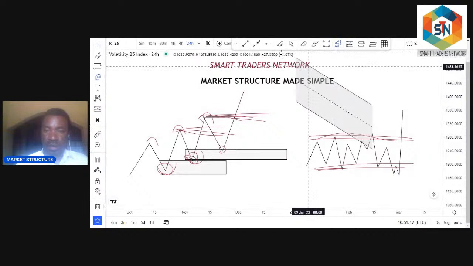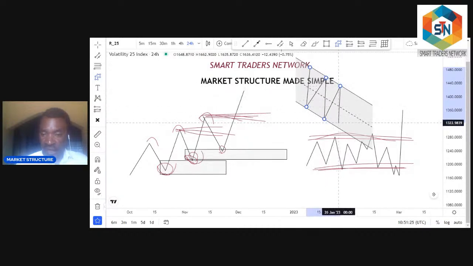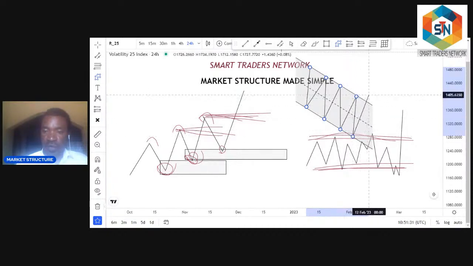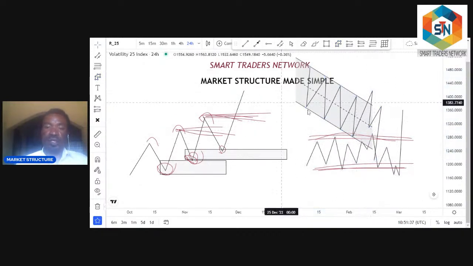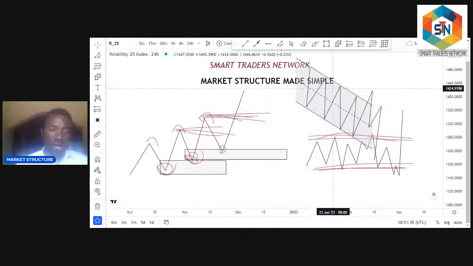You see it's just coming, trading within a channel, and just keeps giving you something like this. It is generating liquidity to both sides. So the next one can come, clear this, come back, and then clear the lows. So these are the different patterns of market structure that we have.